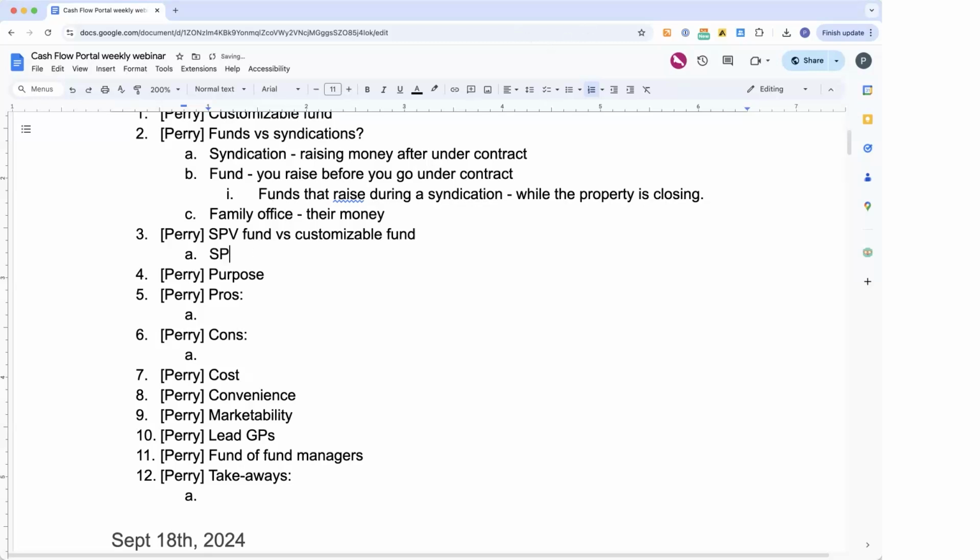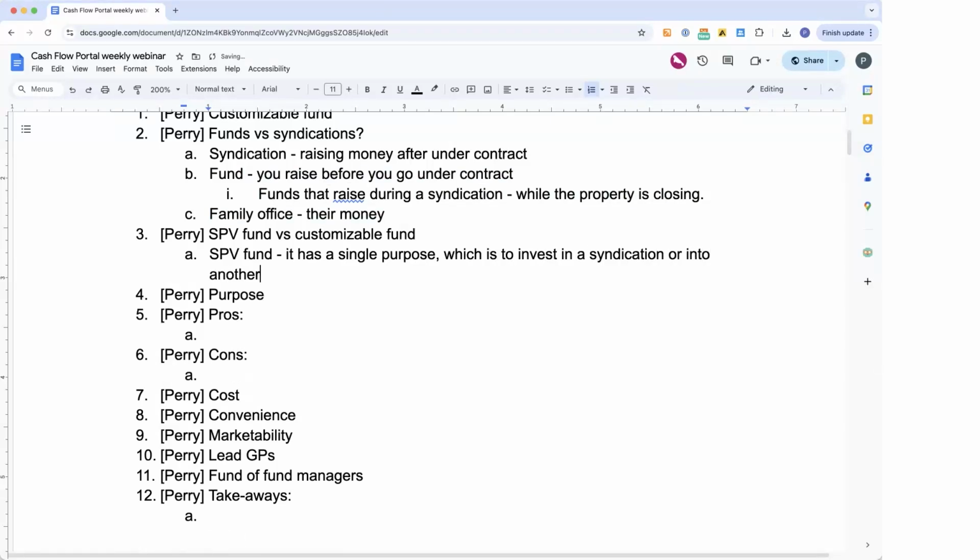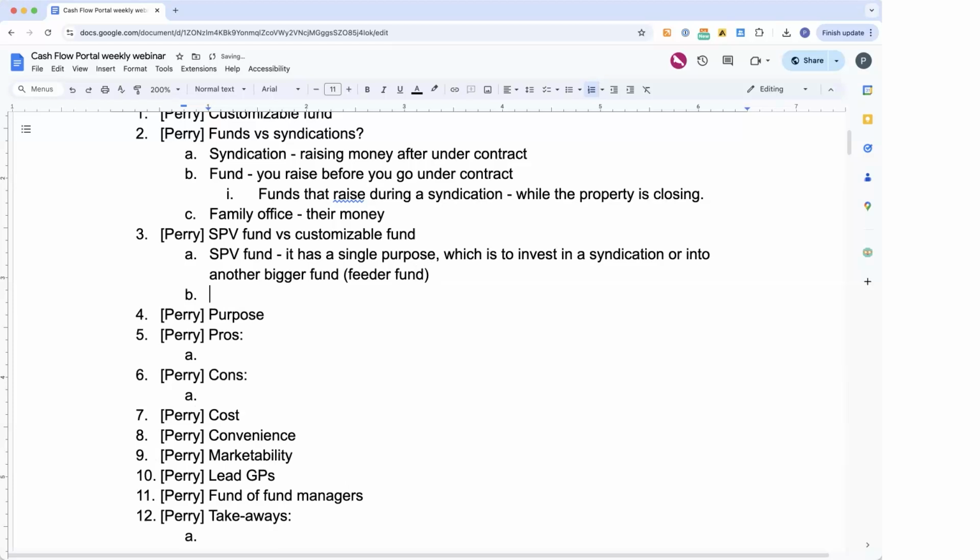The single purpose fund, as its name entails, has a single purpose, which is to invest in a syndication or into another bigger fund. In that case, it's called a feeder fund. It's just feeding that fund.